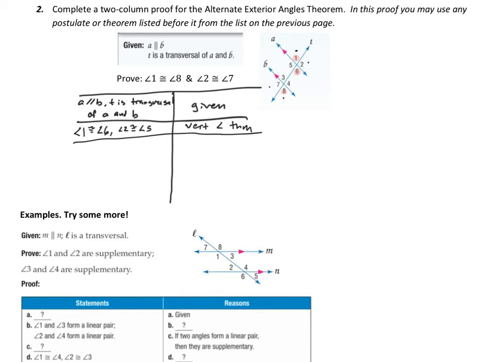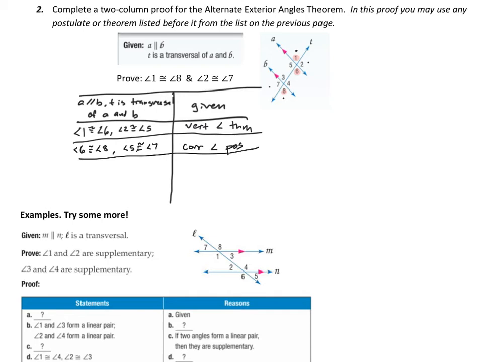Now, the next step. We've done vertical angles, now we're going to do corresponding angles. So we have that angle 6 is congruent to angle 8, and that angle 5, it's corresponding, angle 5 is congruent to angle 7 because of the corresponding angle postulate.